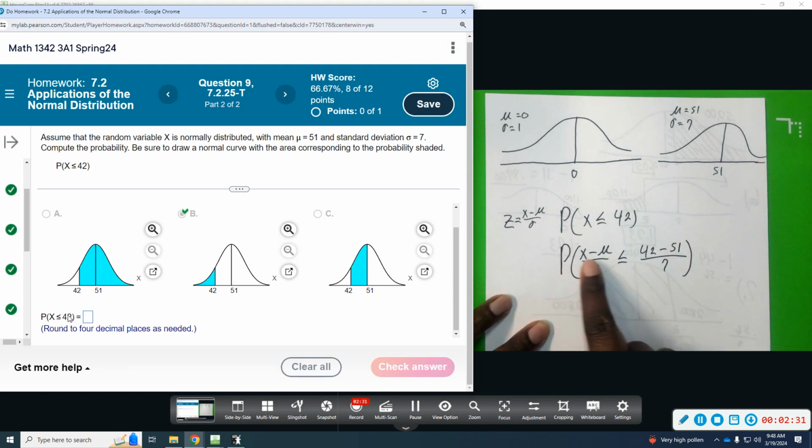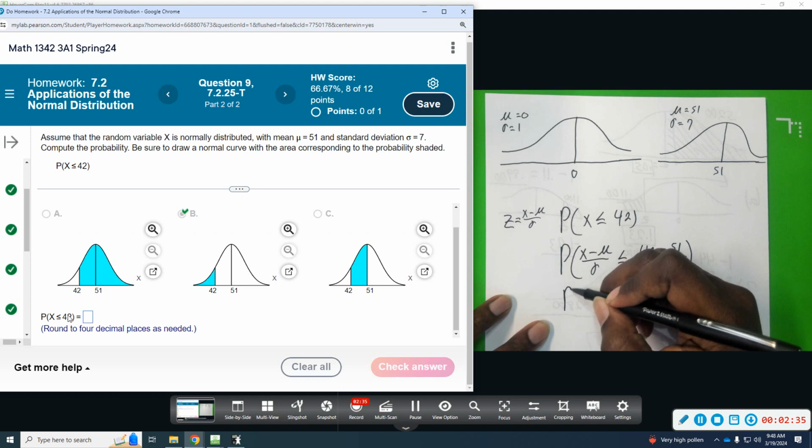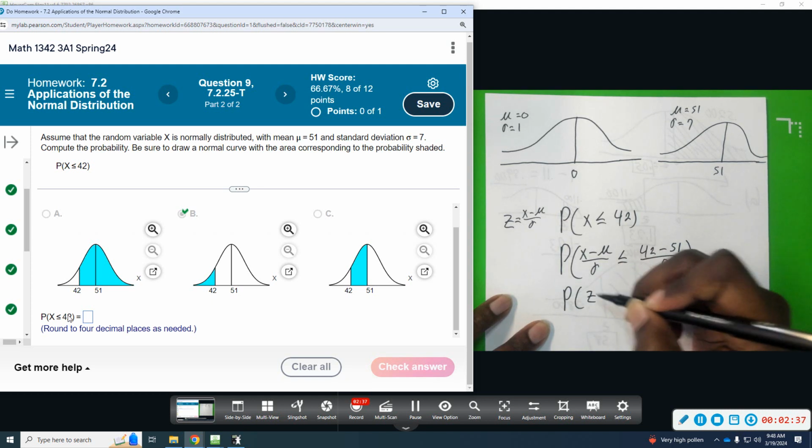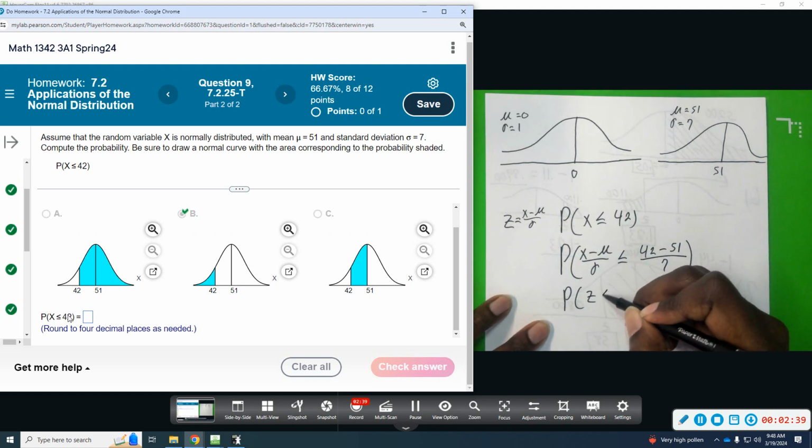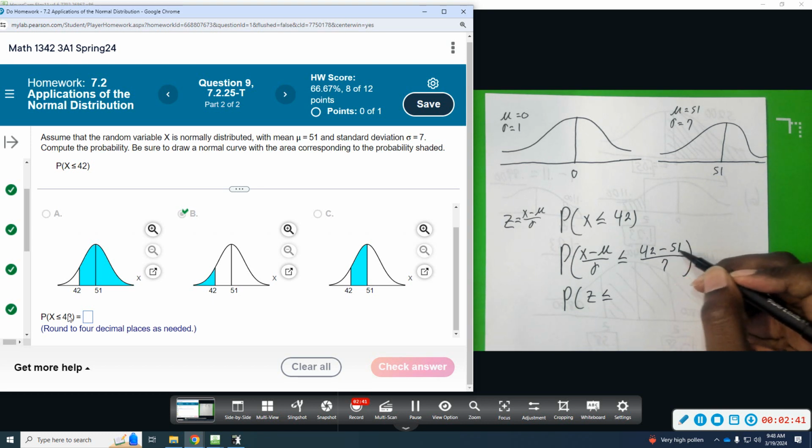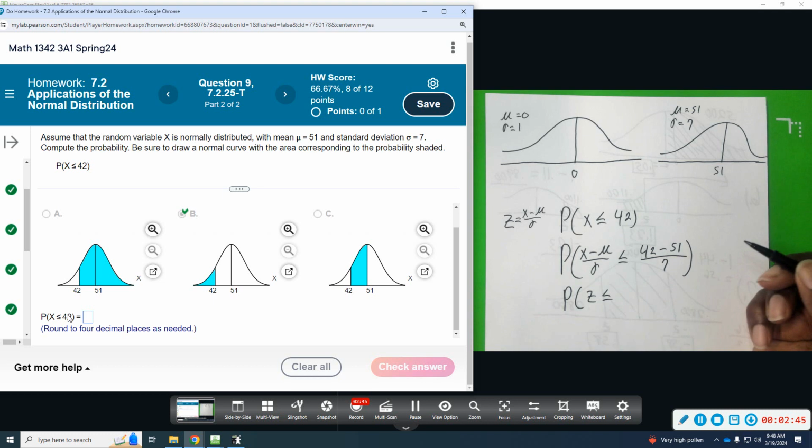When I apply this x minus mean over sigma, it converts to a z-score. So now this is probability z, and this is going to give me a number. When I subtract these, I get negative 9 divided by 7.